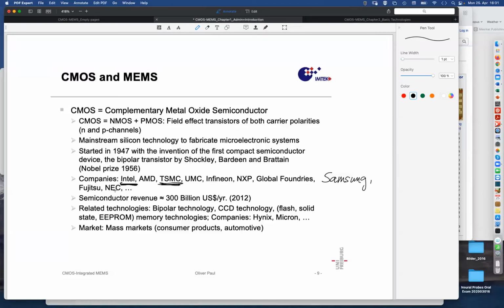The semiconductor revenues are much higher now. That's an old number, so let me quote 2021. That's $585 billion US. So billion is in German Milliarde.